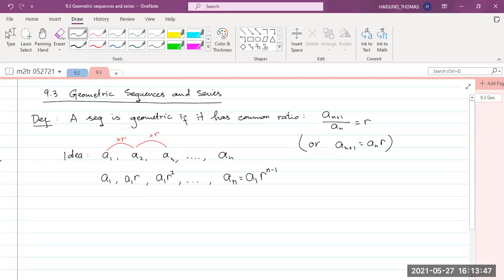For example, let's see number 5. That seems to be hard. We have the sequence 300, then negative 30, then 3, then negative 0.3. So you see that we keep on dividing by negative 10, right?